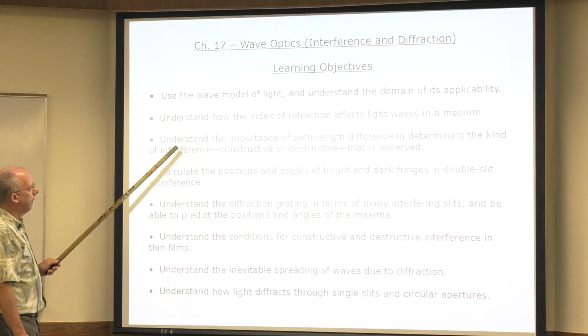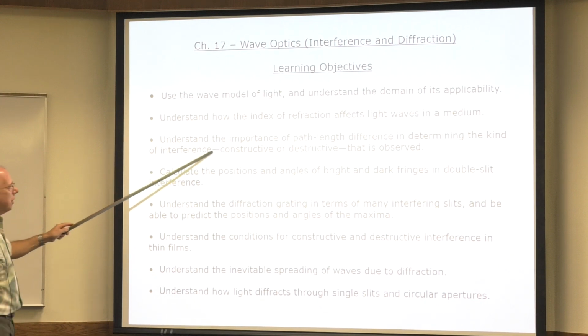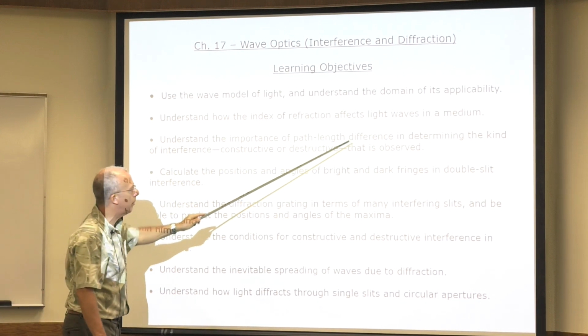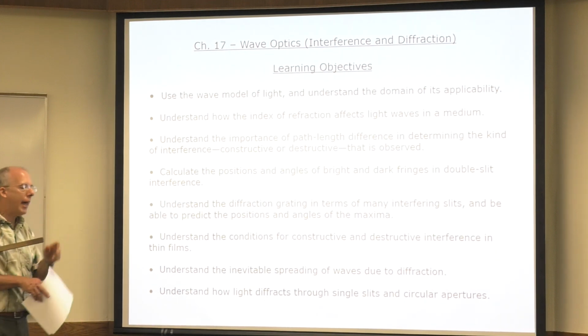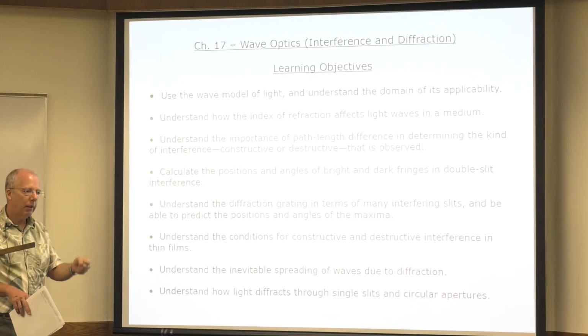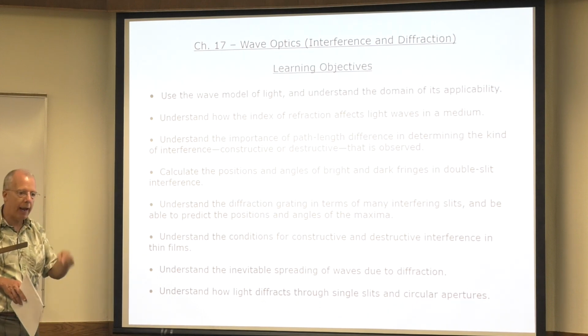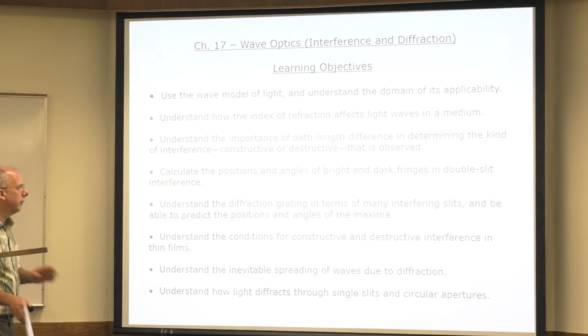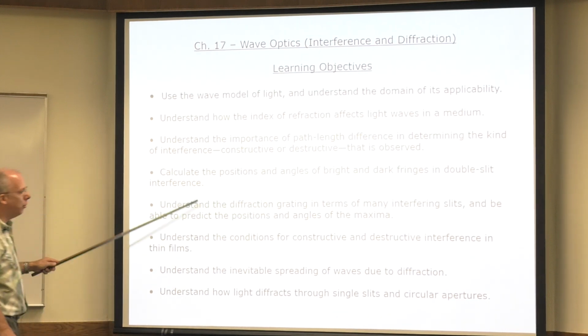Path length difference, we did this in 105. Understand the importance of path length difference in determining the kind of interference, constructive or destructive. If the path length difference is a wavelength or 2 or 3 wavelengths, constructive. If it's half a wavelength, 3 half wavelengths, destructive. We calculate the positions and angles of bright and dark fringes in double slit. You better know how to do that.